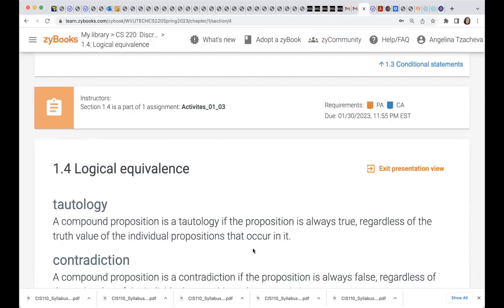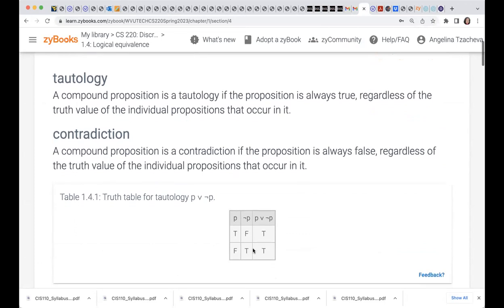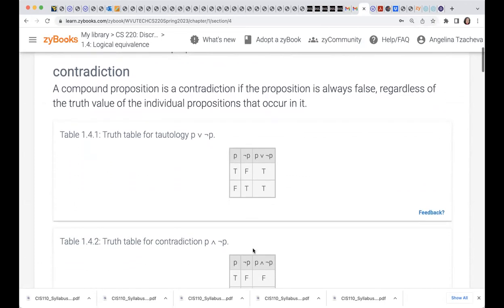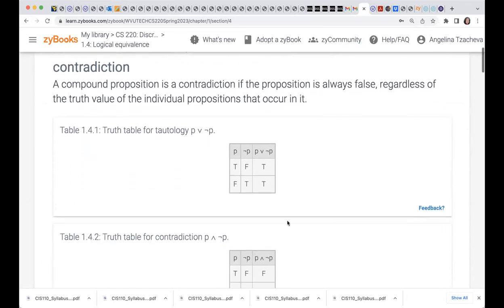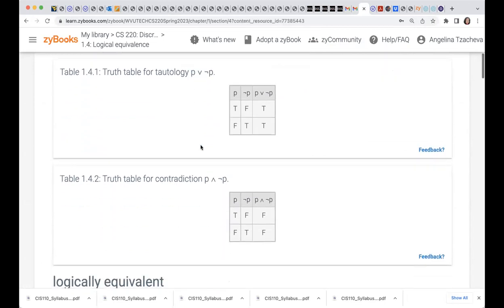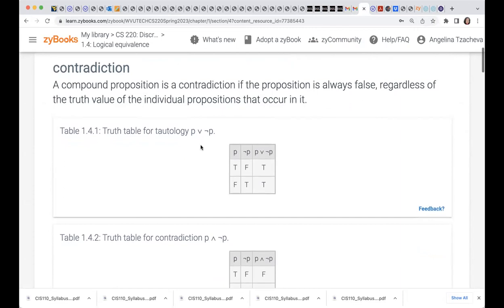The logical equivalence. So if we have more than one statement involved, like P and Q together or P or Q, then it's called a compound proposition.